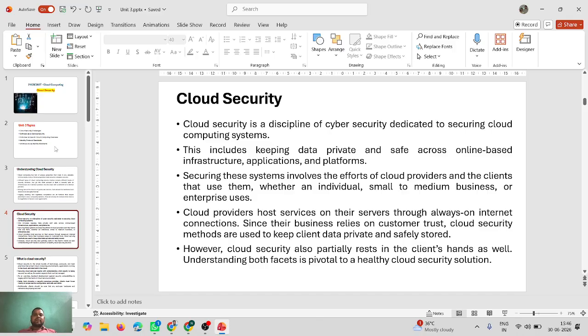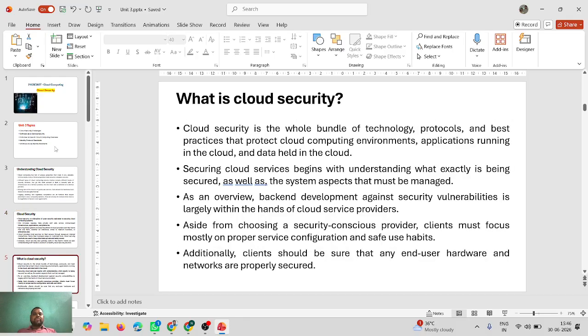This includes keeping your data private and safe across all the online-based infrastructure, applications, and transactions, right? As I said, it is a shared responsibility model. We also have some sort of responsibility to secure your data, right? So both the security from the user aspects as well as the service provider aspects is very, very important, right?